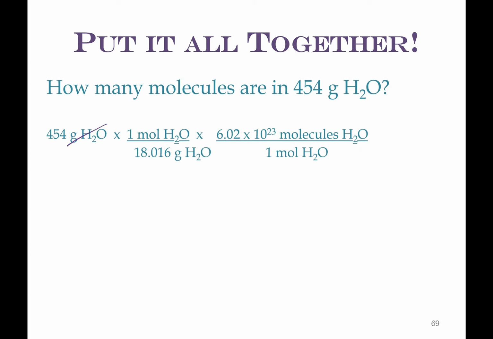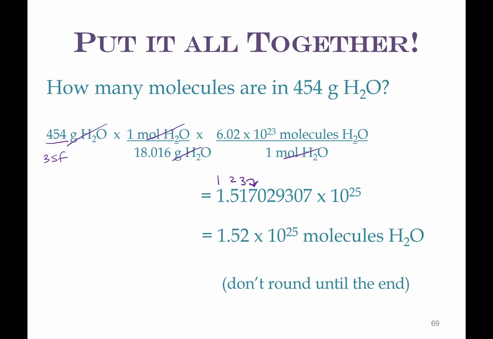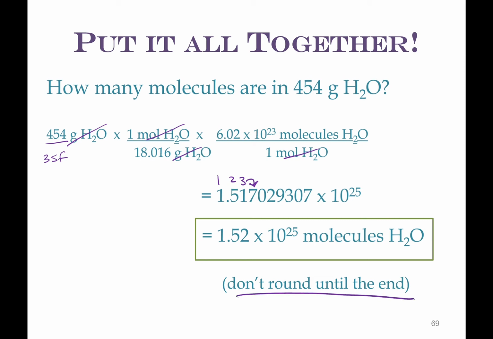Again, grams cancel, moles cancel, and we get 1.517029307 times 10 to the 25th. Now 3 sig figs here: 1, 2, 3. 1 to the right for rounding gives us 1.52 times 10 to the 25th molecules of water. Don't round until the end. Even if you decide to do this in a two-step process, don't round until the end so you don't have rounding errors.